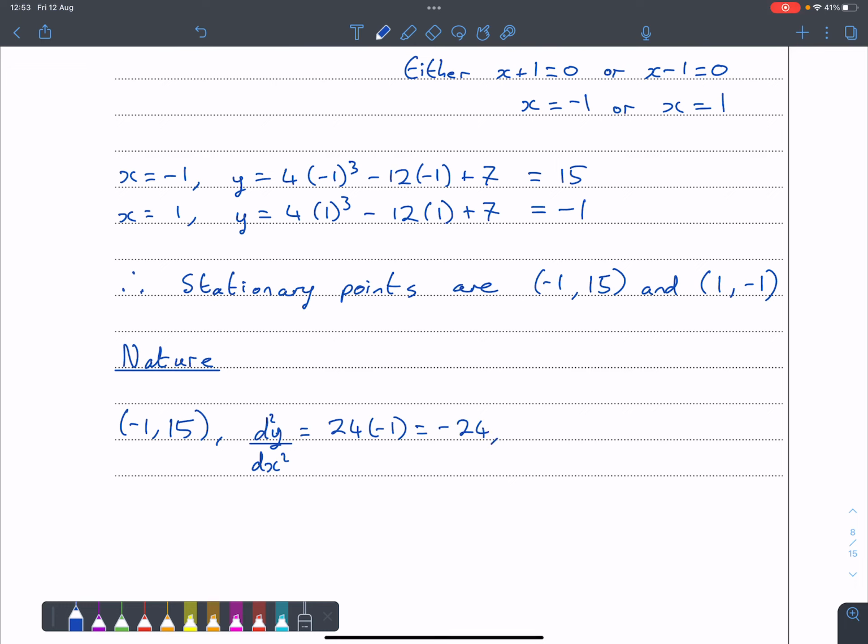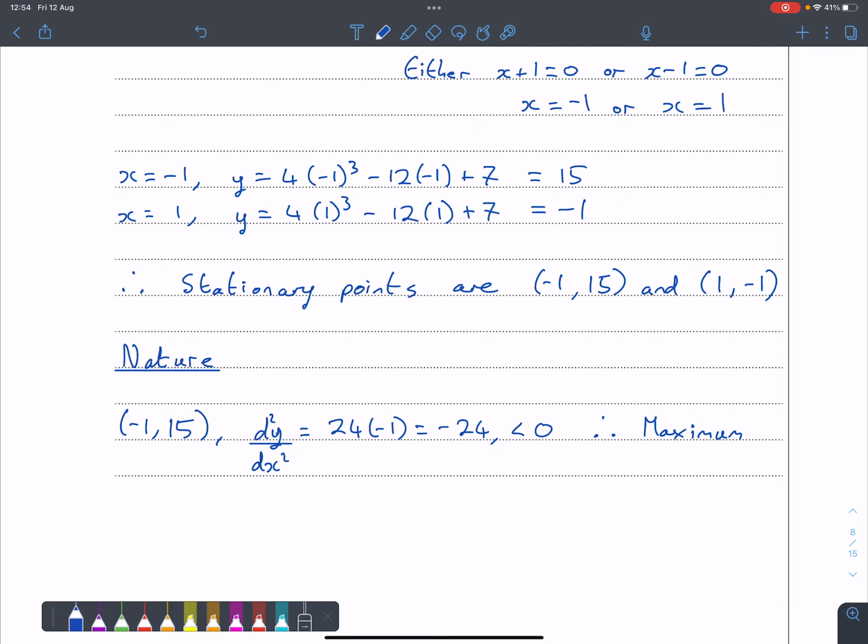The important thing is that you state that it's negative, or less than 0. That means the gradient, as we move to the right, becomes more and more negative, or less and less positive. It starts positive, becomes less positive until it hits 0, and then more negative, which gives a maximum point. So therefore it's a maximum.